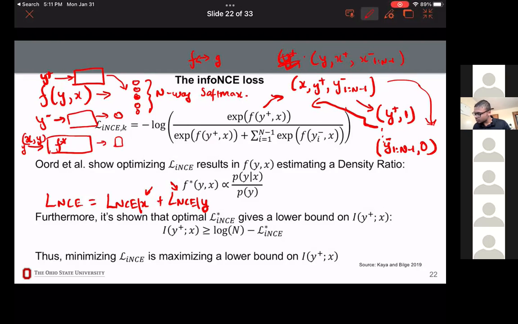This density ratio is actually ordered, right? So it does not necessarily need to give you the exact same value. The way you decide the order will depend on that. If you want f star y comma x, you will put in y. If you want f star x comma y, which would be p of x given y upon p of x, you will put in x.